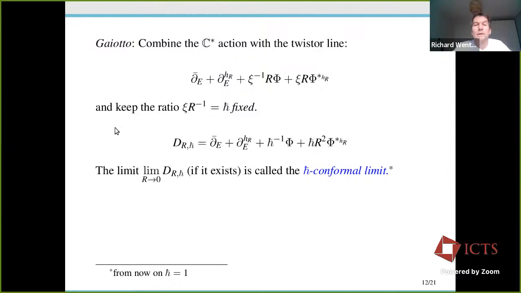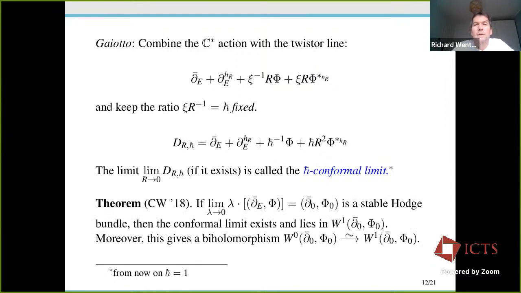What happens when we take the limit of these things? If it exists, then this is what is called the conformal limit. It exists inside of M de Rham, in other words, when h bar is equal to 1. Notice that I'm not saying the limit up to gauge. This is really the limit of the flat connections. This is not up to gauge.